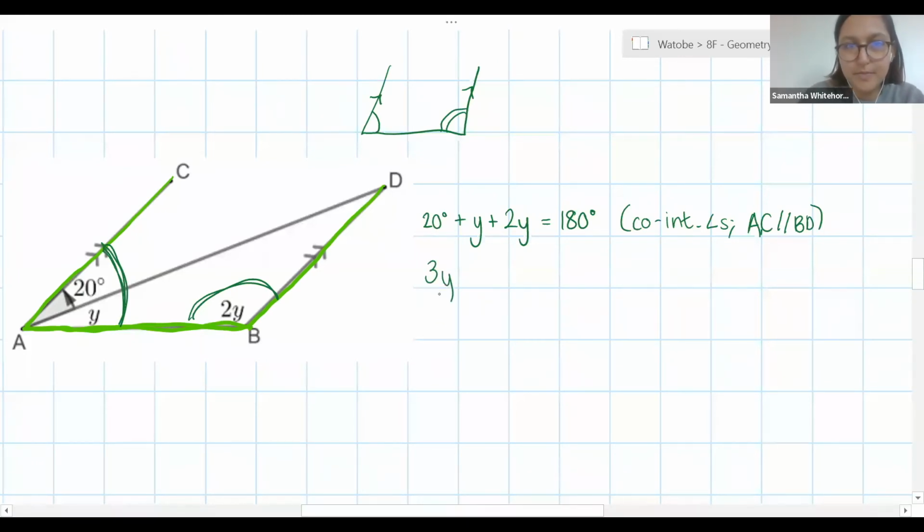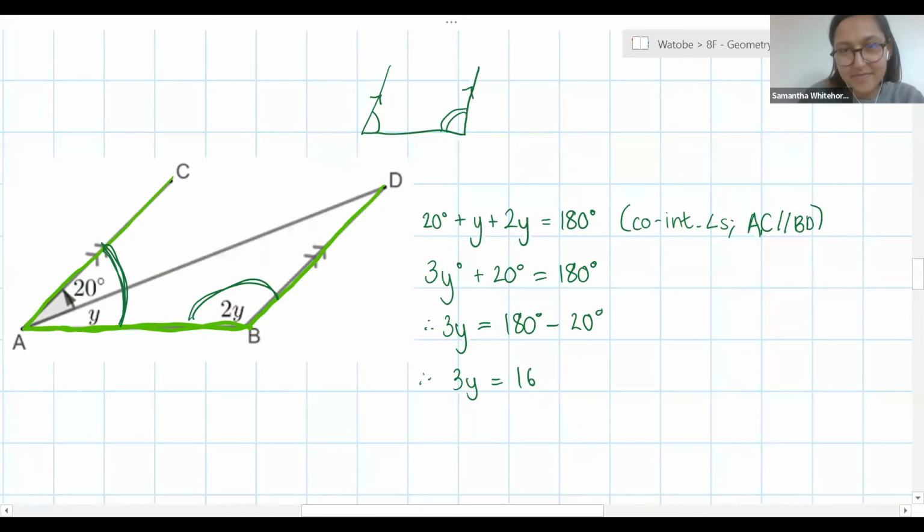Cool. And then I subtracted 20 from 180, which gave me 160. So I said 3y equals 160. And then I divided them both by 3, which gave me 53.3. Awesome. Well done. Thank you.